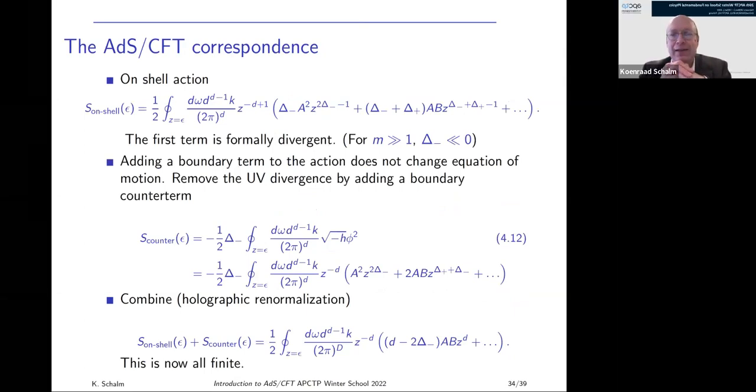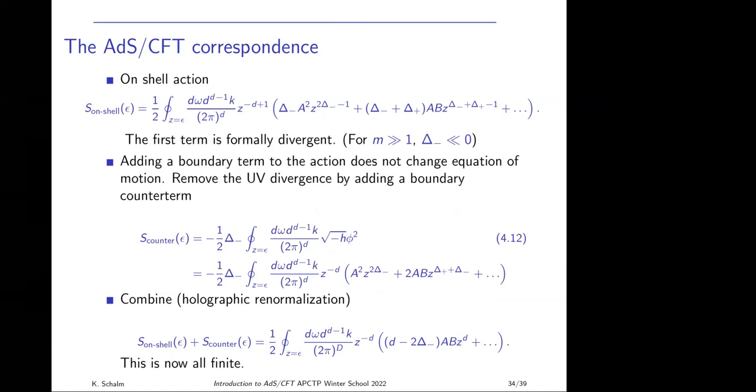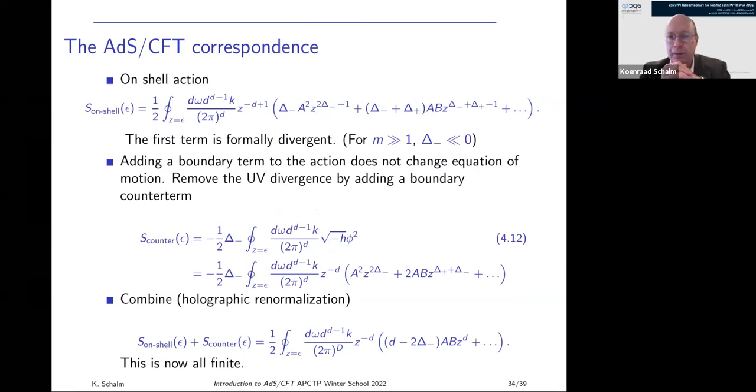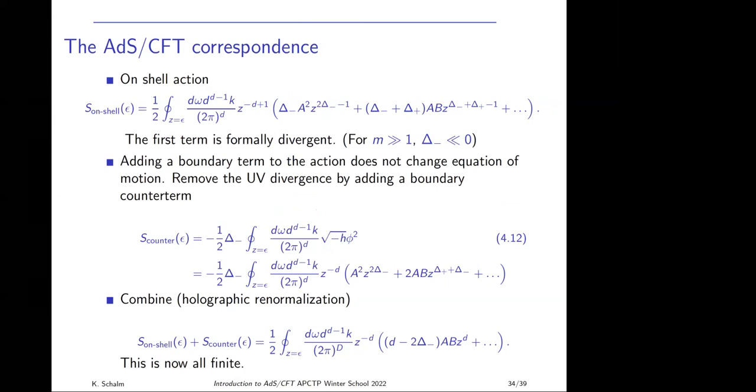I mean, it naively is divergent, right? And of course, I think we add the counter term action to remove the divergence of the interaction. Yes. So I have a question about why it is a problem, the divergence of the interaction at the boundary.